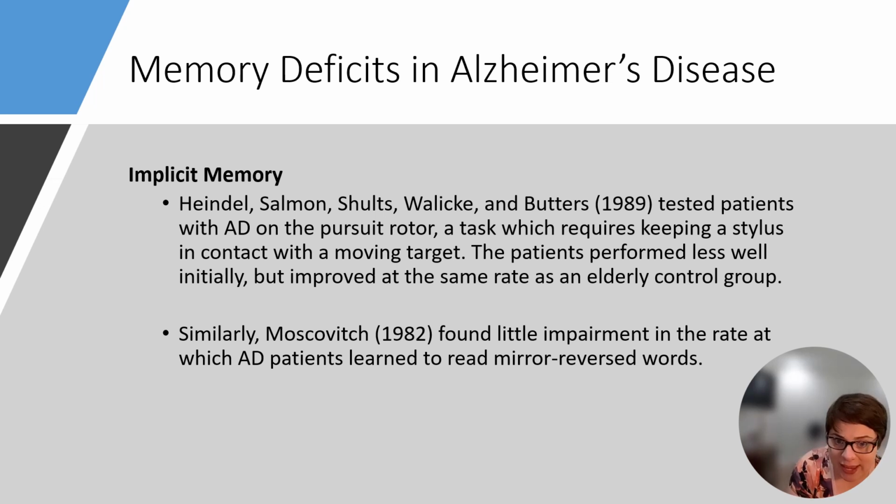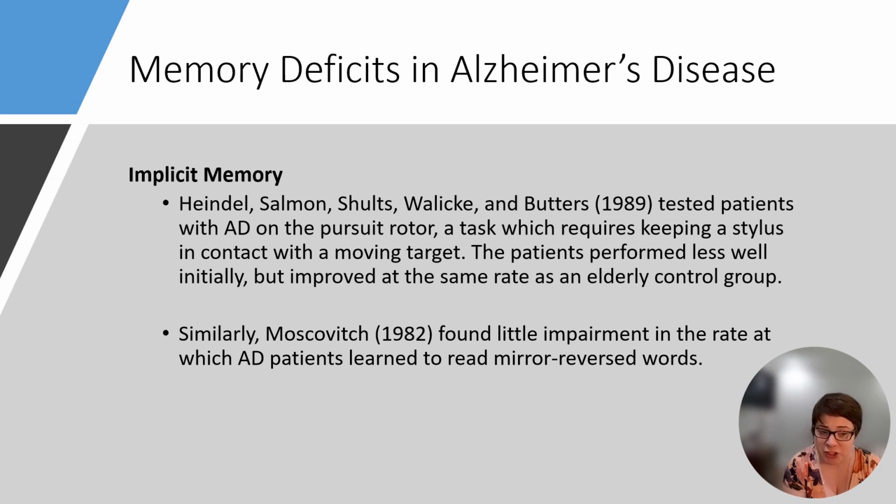Handel and colleagues tested patients with Alzheimer's disease on the pursuit rotor task, which requires them to hold a stylus and keep the stylus continuously in contact with a moving target.